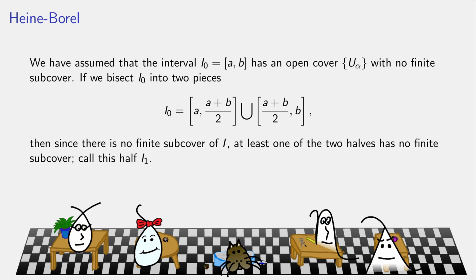Now, since the entire interval cannot be covered with finitely many of the sets U, at least one half of it can't be covered with finitely many of the sets, maybe both of them, but certainly I cannot take finitely many and cover the left half and then finitely many and cover the right. If I could do that, I could cover the whole thing with finitely many. So at least one half cannot be covered with finitely many U sub alphas. Whichever half that is, call it I sub 1.